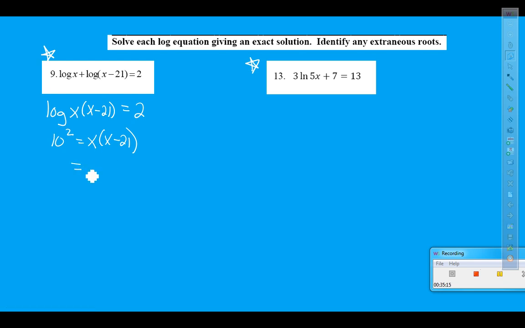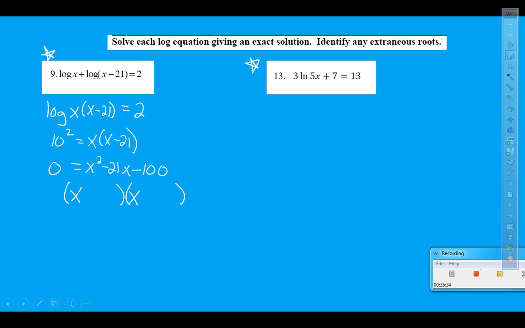Let's distribute and get x squared minus 21x. And let's move this 10 squared over as negative 100. Now we need to factor, x and an x.